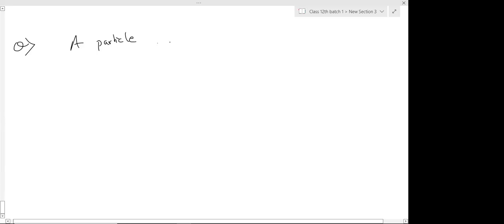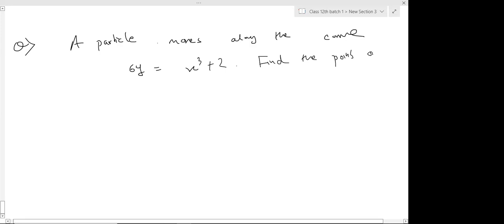The particle moves along the curve 6y equals x cube plus 2.